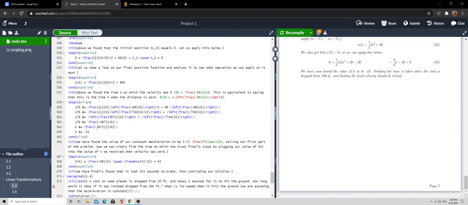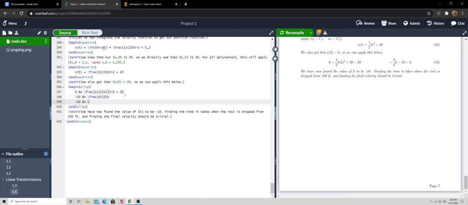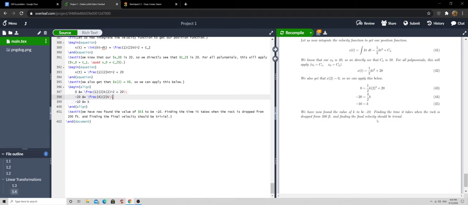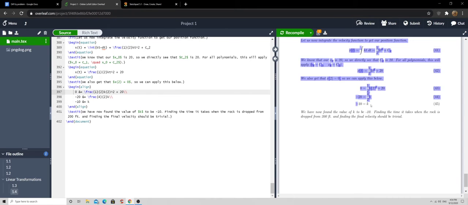Oh, I see what I've done. Okay, there we go. Just need to do this. That's the problem. There we go, so that's what we wanted, right? The reason for the align was that I wanted the process of simplifying this to be aligned, and finally to get our value of k.